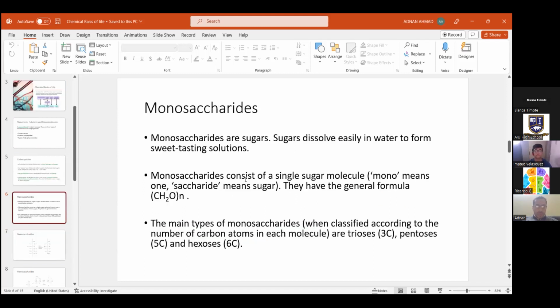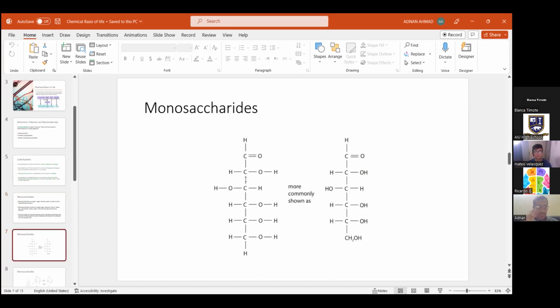This is the chemical structure of a monosaccharide, which might be a little higher than your level. But you can see here what I explained in the beginning, that carbon can make 4 bonds.